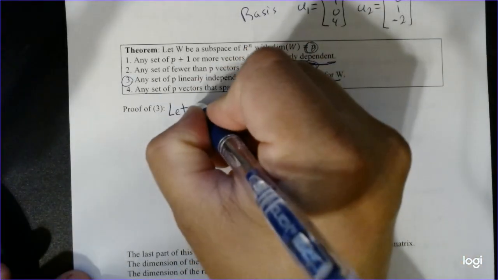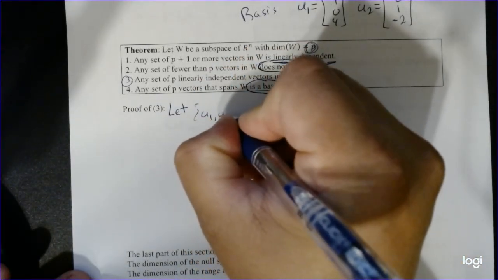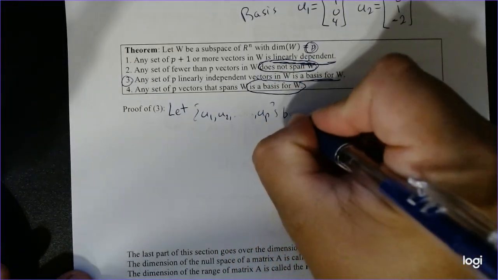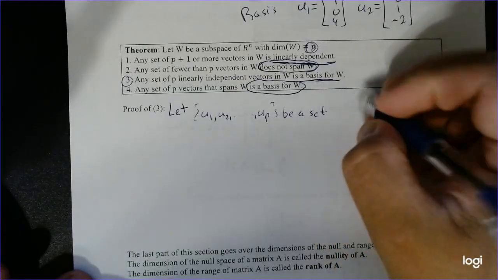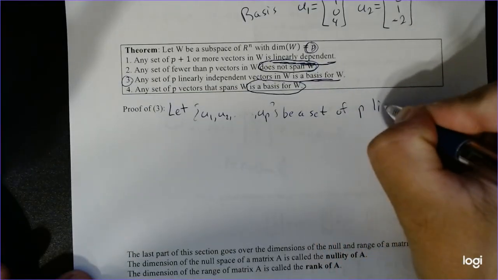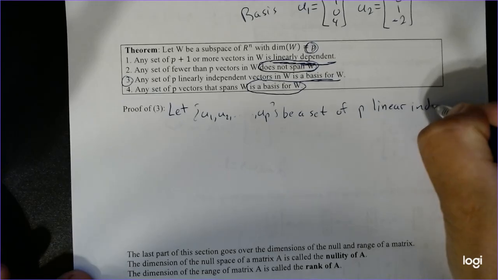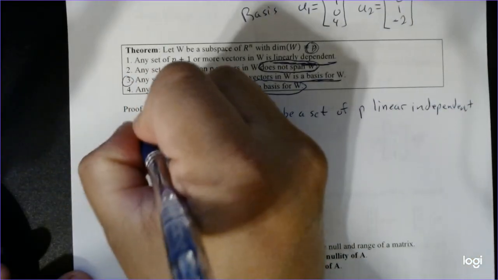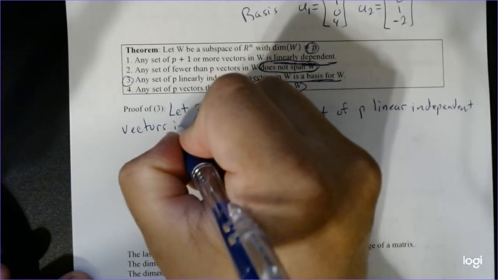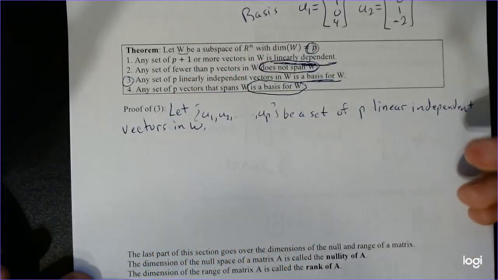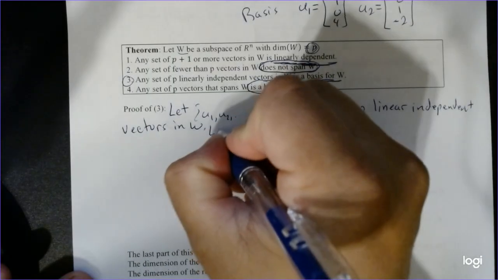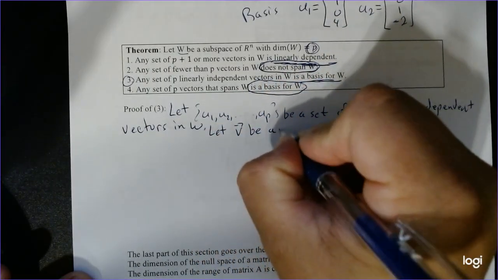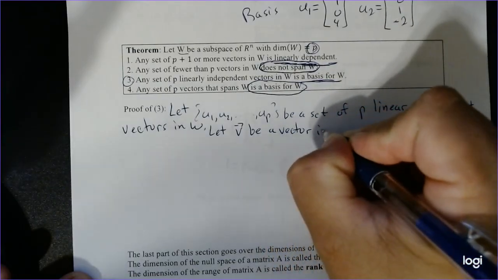So we're going to let this set of vectors, U1, U2, all the way to UP, these P vectors, be a set of P linearly independent vectors in W, because we're still in W. Okay. All right. We're also going to let V be a vector in W.